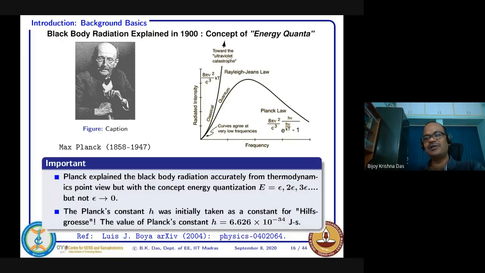That's why this is called the ultraviolet catastrophe. Ultraviolet means higher nu. In VIBGYOR, going from longer wavelength to violet and then ultraviolet, the frequency is higher. So that theory could not explain the experimental results.